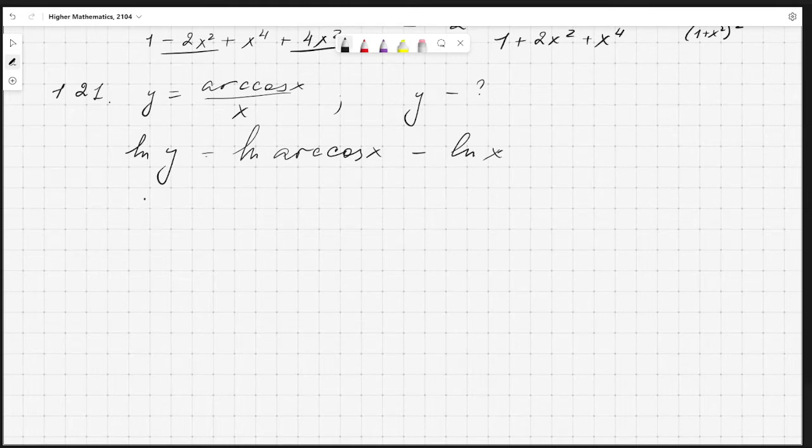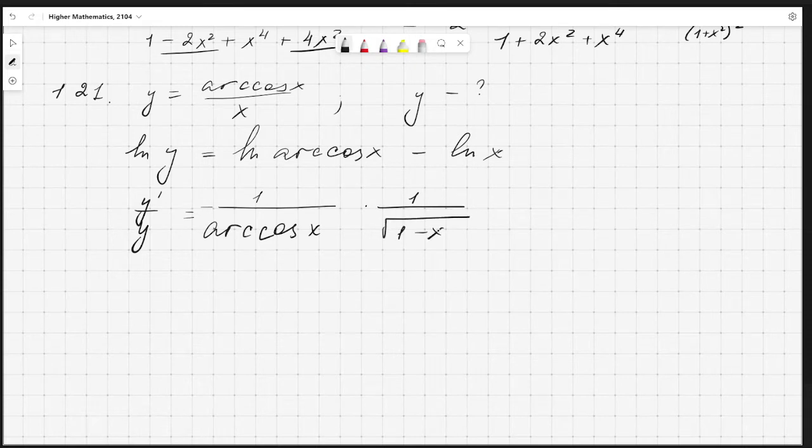Find derivative: y prime over y equals 1 over arccosine times minus 1 over square root of 1 minus x squared minus 1 over x.